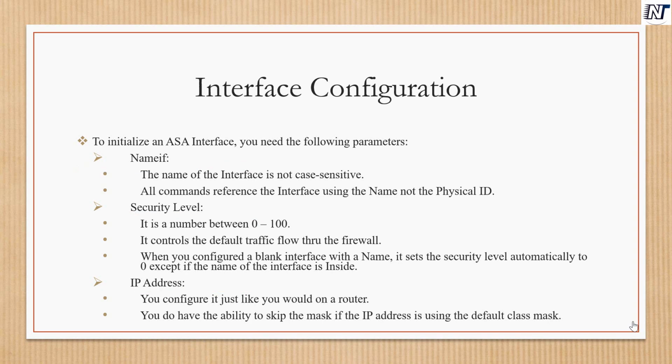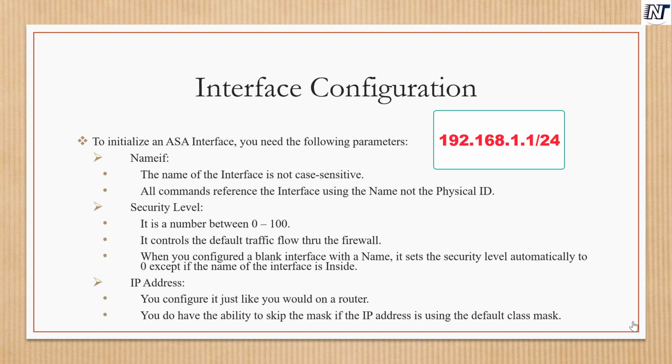There is something nice about the ASA firewall regarding the IP address. Let's say I was setting an IP address 192.168.1.1/24. /24 is the default mask for this because it's class C. The ASA recognizes that, and if you want to assign this to your interface, you do have the ability to type the mask, but if you don't, it will apply the default mask for this class C, which is /24.